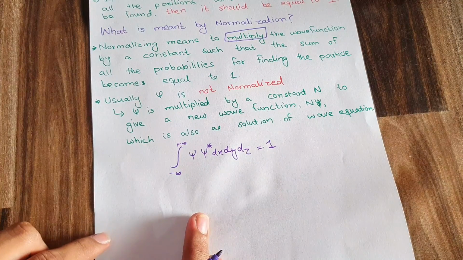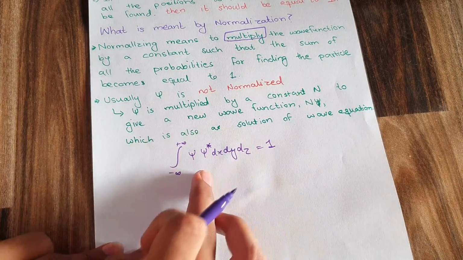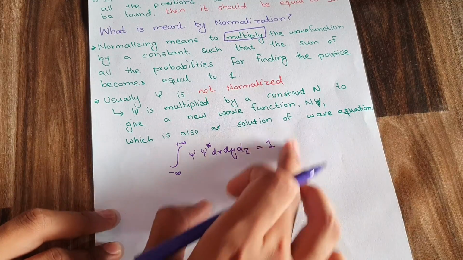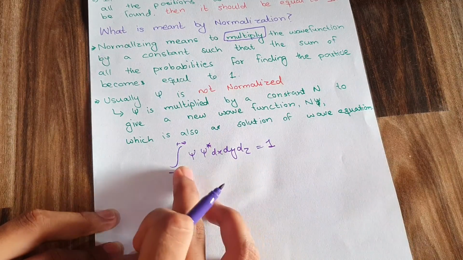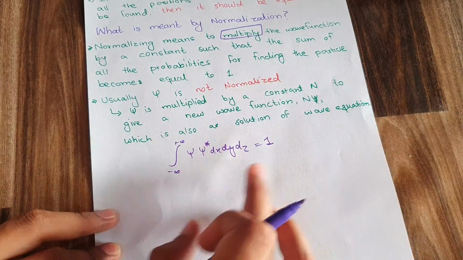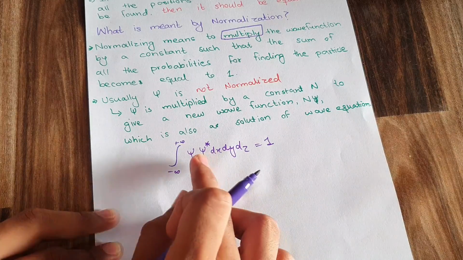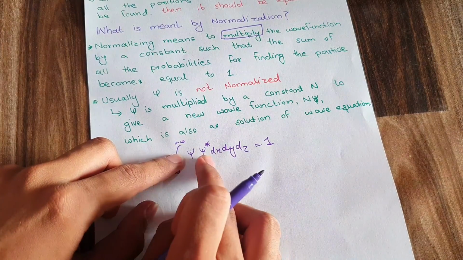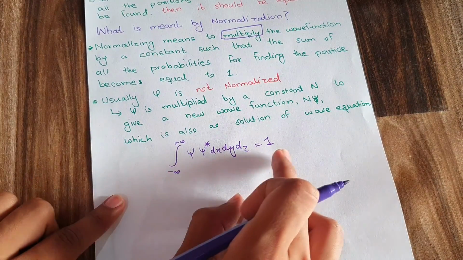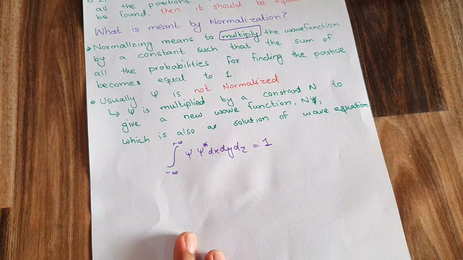Sometimes the answer of this equation does not become equal to 1. To make the answer become equal to 1, we have to normalize the wave functions here. So how can we normalize it?